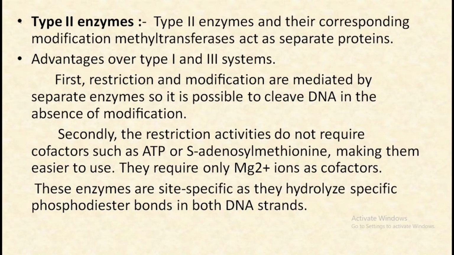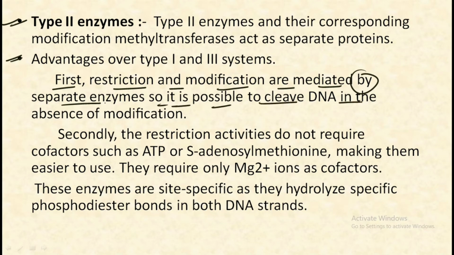The second one is the type 2 restriction enzyme. The type 2 enzymes and their corresponding modification methyltransferase act as separate proteins. The advantages of type 2 restriction enzymes over the other two types are, first, that the restriction and the modification are mediated by separate enzymes, so it is possible to cleave the DNA even in the absence of the modification.